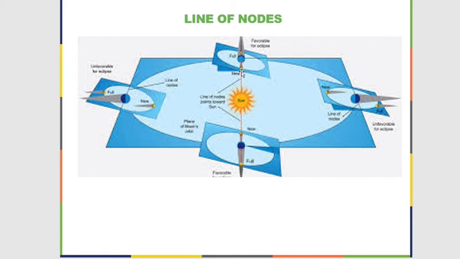And so if the moon casts a shadow on the Earth, we get what's called a solar eclipse. And if instead the moon is on the far side and the Earth casts its shadow on the moon, that's called a lunar eclipse.